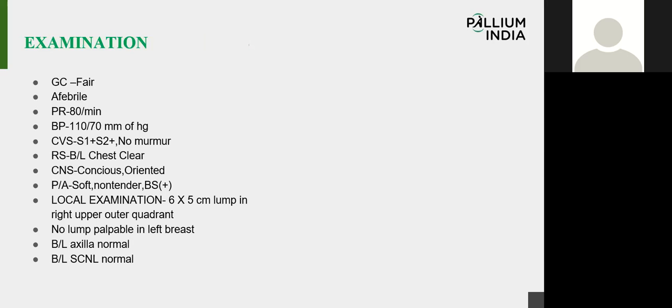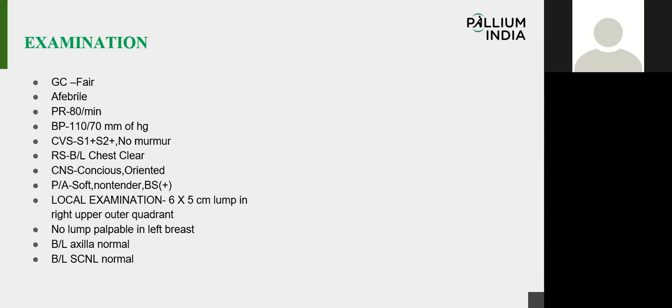On examination, general condition was fair, afebrile, pulse rate was 80 per minute, blood pressure 110 by 70 mmHg. On auscultation, the bilateral chest is clear, CVS S1 S2 present, no murmur, conscious and oriented, upper abdomen soft, non-tender, bowel sounds present.